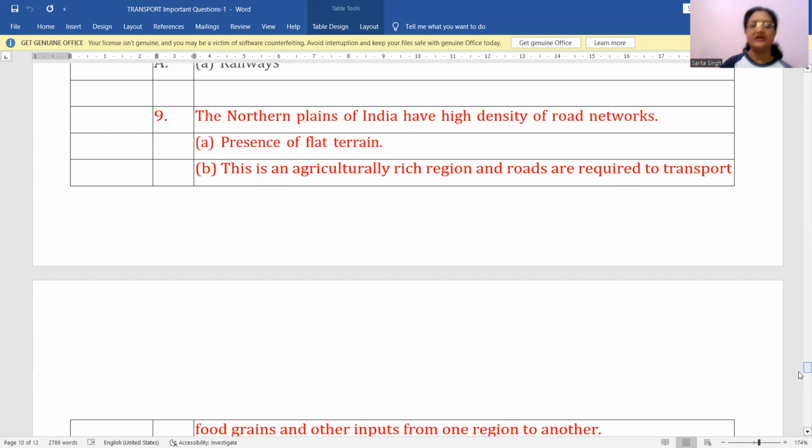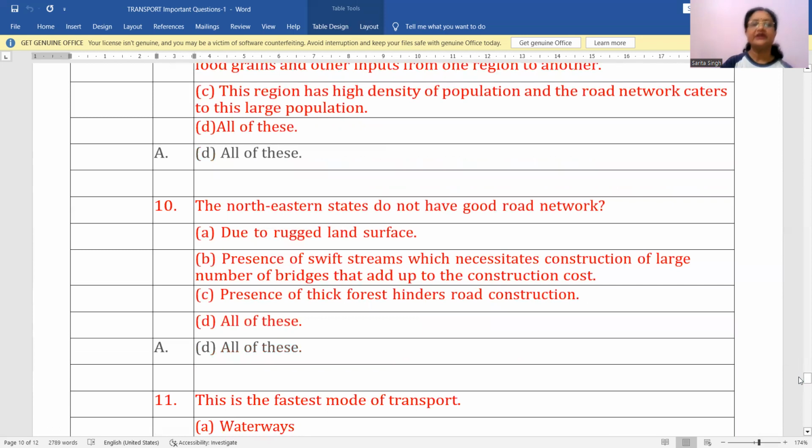Roads are required to transport food grains and other inputs from one region to another. Okay. Then this region has high density of population. That is actually the most important thing. And the road network is providing service to the large number of population of this area. Then all of these are working as the option for this question.